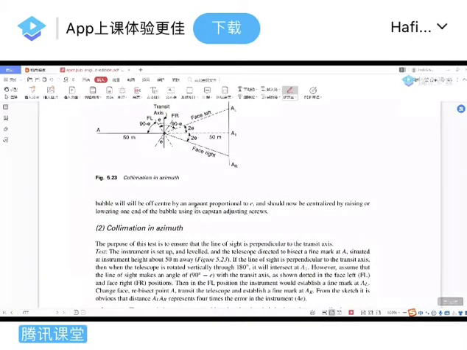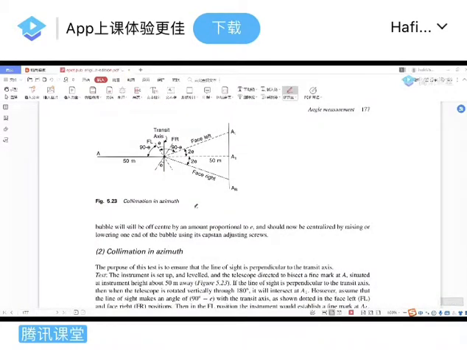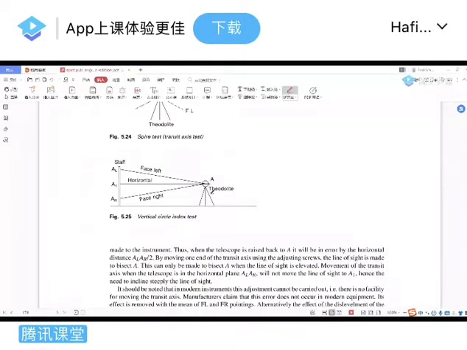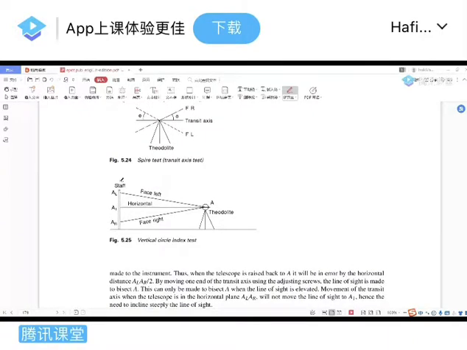Before you start the machine, you have the bubble. And this is your theodolite. This is your staff. You put up the staff, just like this one normally.